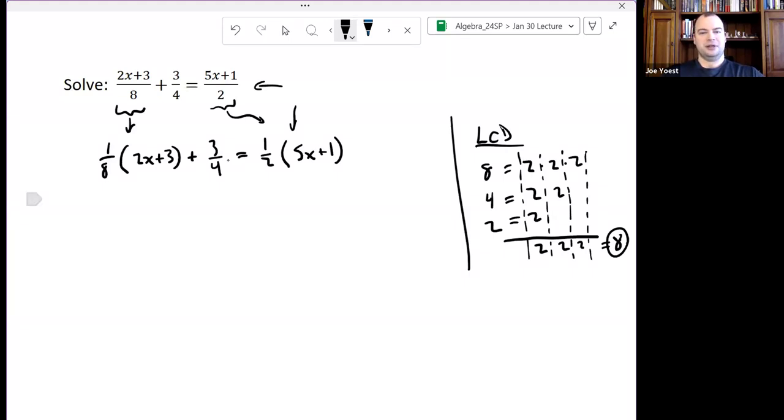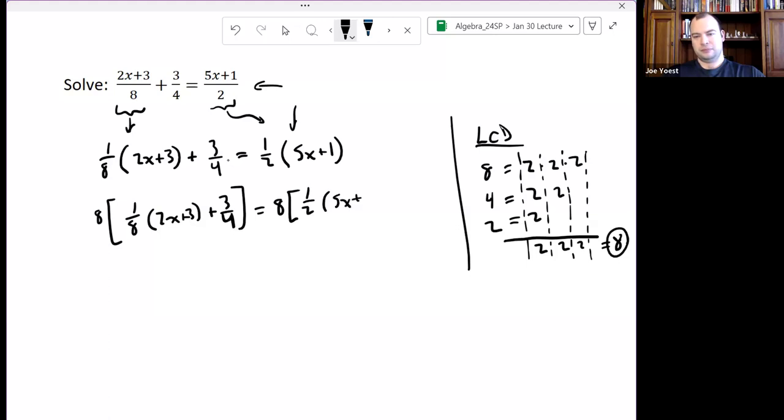I'll multiply everything by 8. I have to use grouping symbols a little creatively here to make sure that I multiply this entire left-hand side by 8. I have to be very careful here. I have two terms. This plus connects this whole bit here, 1/8 times 2x plus 3.